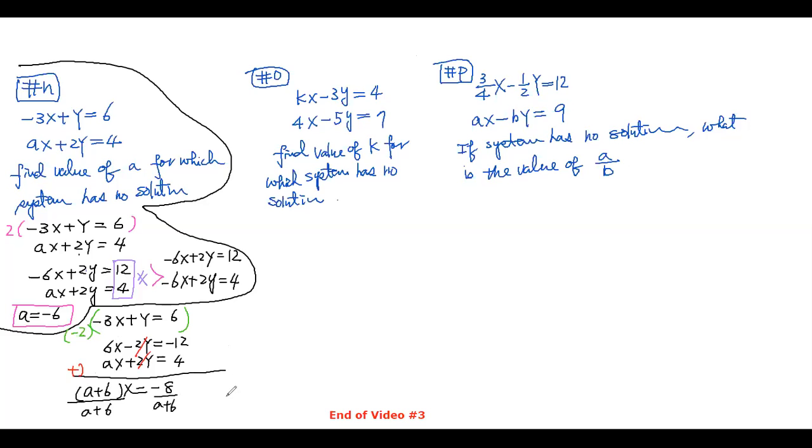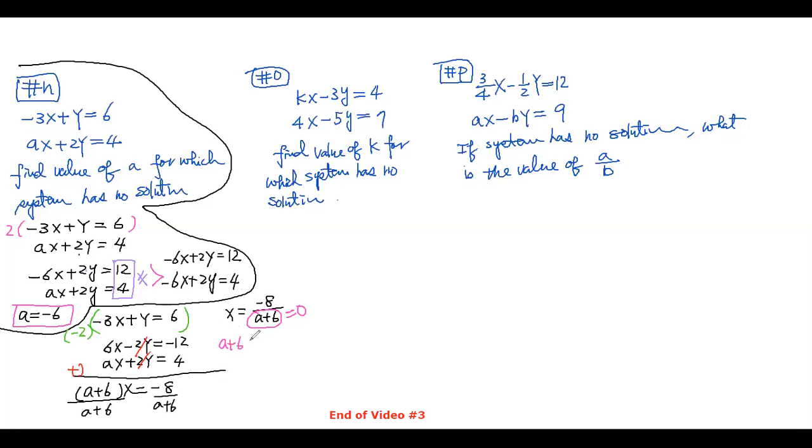So what do you have here? x equal to negative 8 over a plus 6. So the only way x will not work is if the denominator equals zero, right? So I know the denominator cannot be equal to 0 in order to have a solution. So x has no solution only if the denominator equals 0.